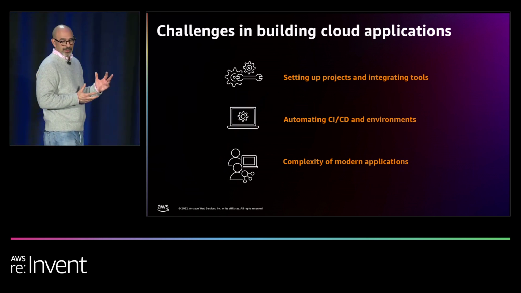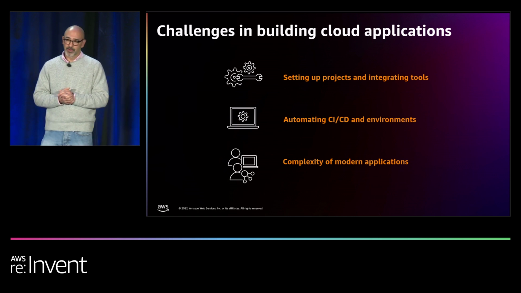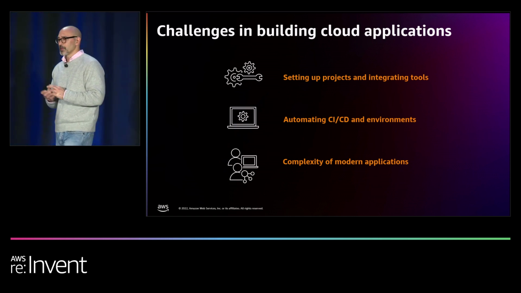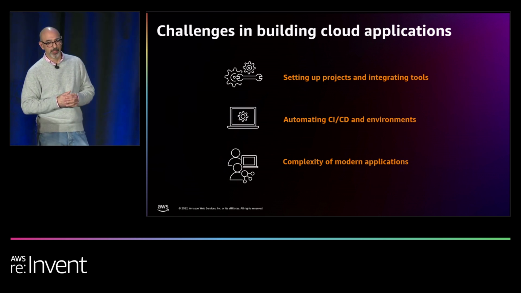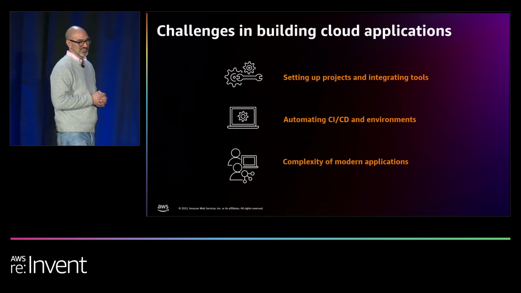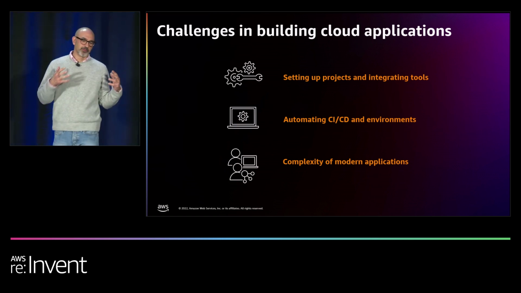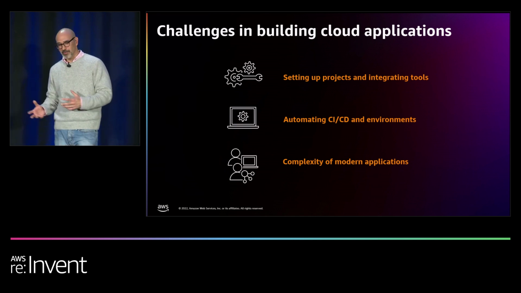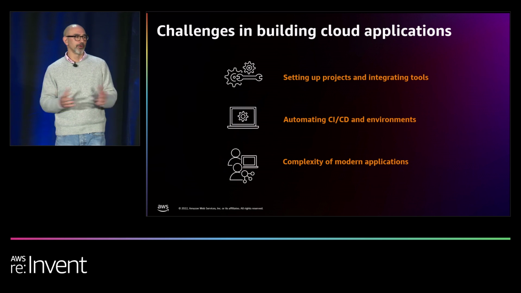The second issue that we see is automating CI/CD and development environments. If you've ever worked on a fairly large-scale software project, you know that the CI/CD setup can be, let's call it, challenging to get right. You need to provision the right infrastructure, create pipelines, create tests, and ensure that changes are flowing through those pipelines correctly.